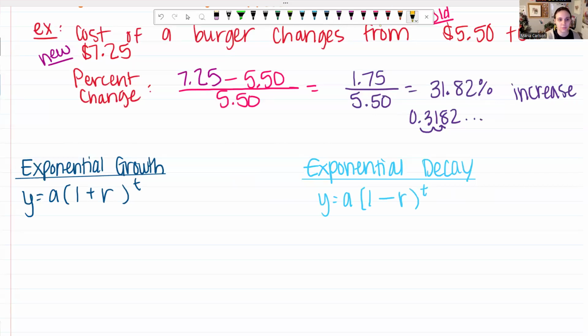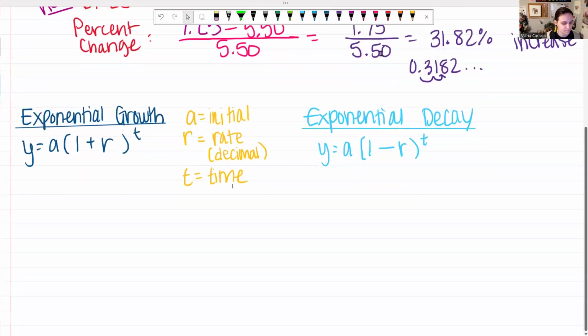And from our last lesson, we kind of talked about this. A is the initial value that you start with. R represents the rate at which you are growing or decaying, and we write this as a decimal. And t represents the number of times that we are multiplying or dividing at this rate.